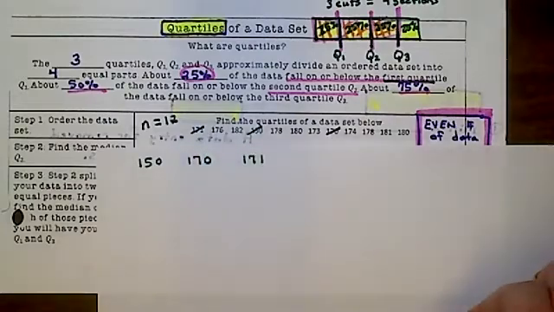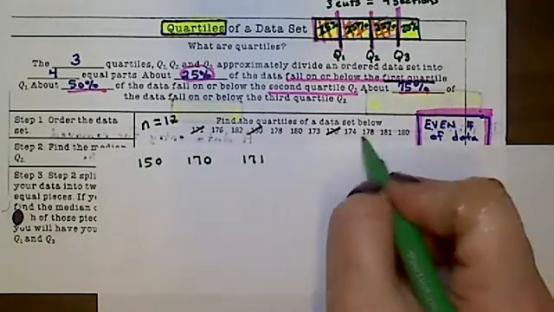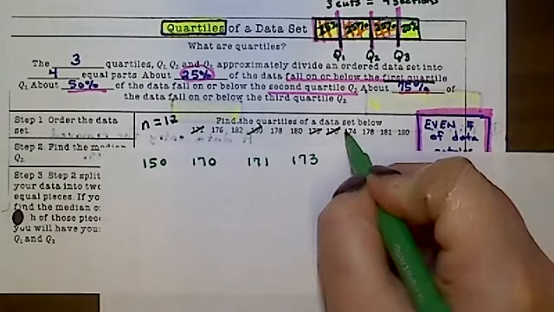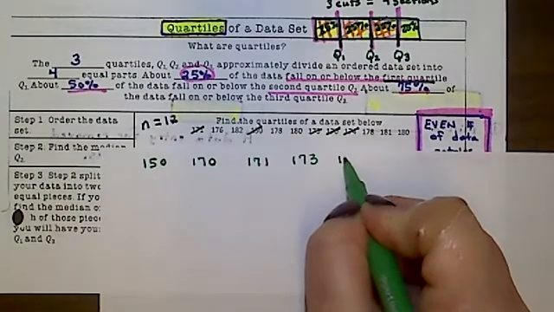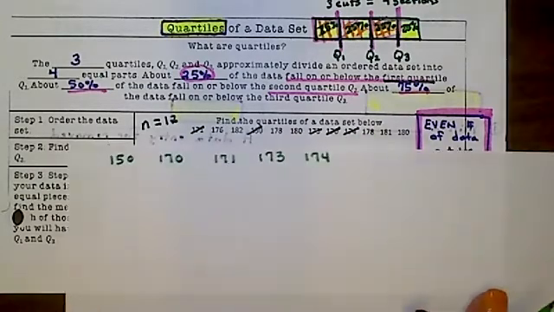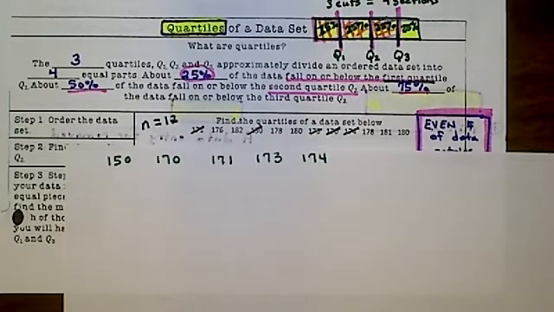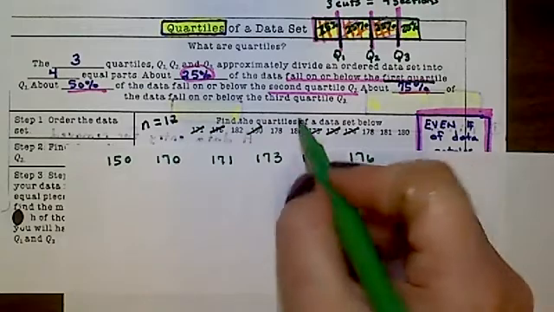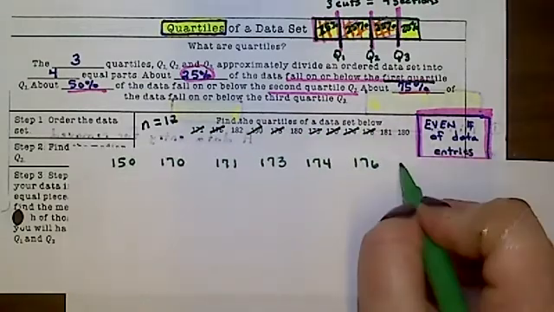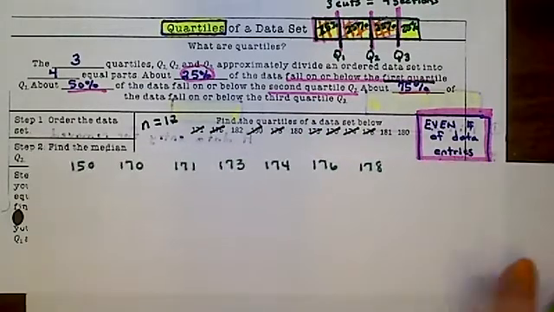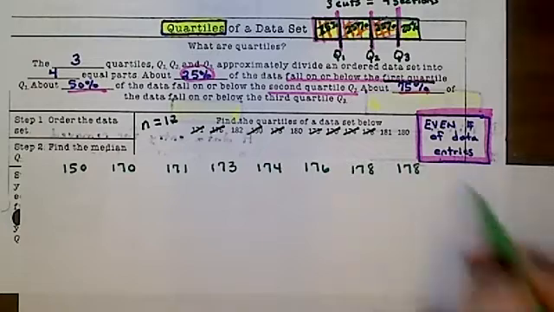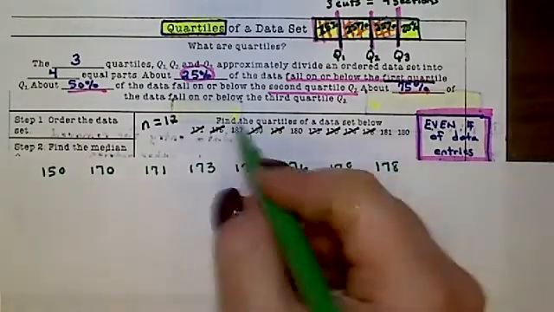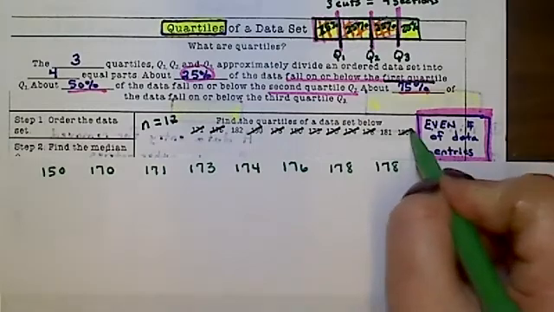So I got 150, 170, 171, 173, 174, 176. You got 2 178s. And then I have 2 180s.